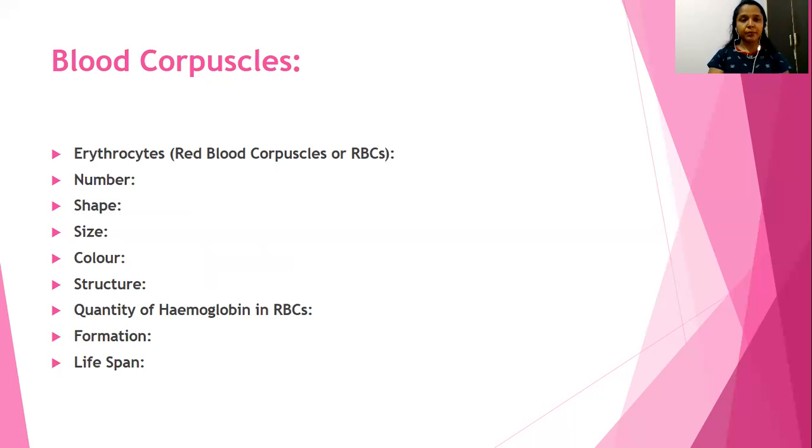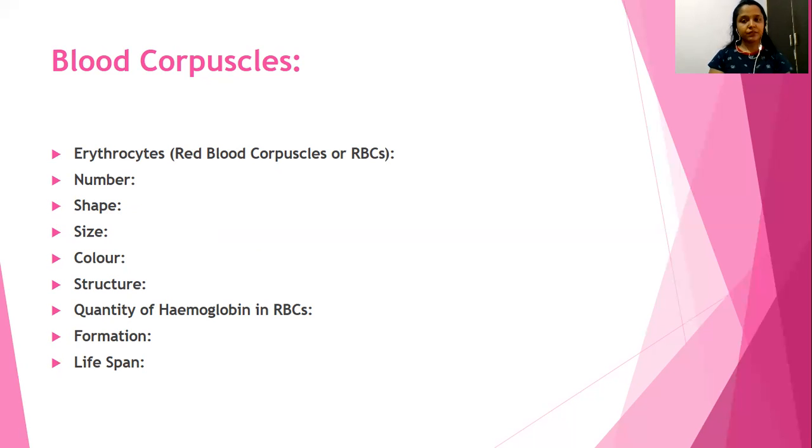Whereas in the camel and the llama, they are oval in shape. The size of the RBC varies from 7 to 8 micrometer in diameter and 1 to 2 micrometer in thickness. The color of the RBC is usually yellowish. And the structure, as I mentioned, during maturation they lose their nucleus and cell organelles, so they don't have those structures within them.